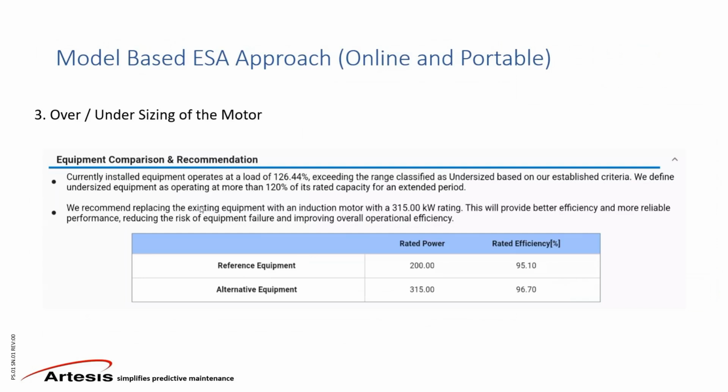And here the system will immediately make a suggestion. The reference equipment will be the one that you are currently using, which is not enough for the job. So it will tell you that you have to actually go with a rated power of 315 kilowatt. And then it will tell you what is the rated efficiency associated with the suggested equipment.